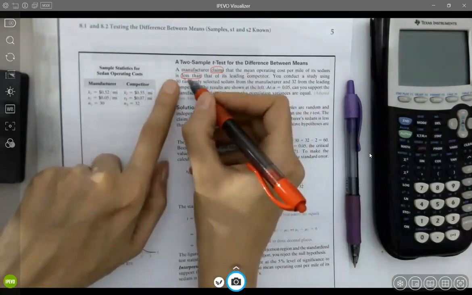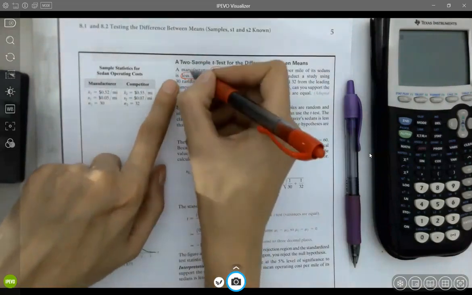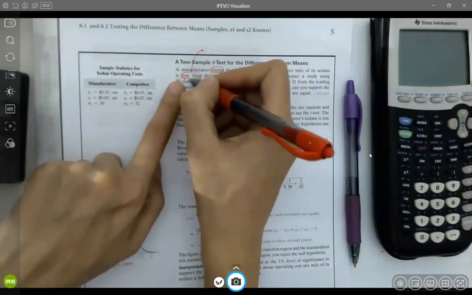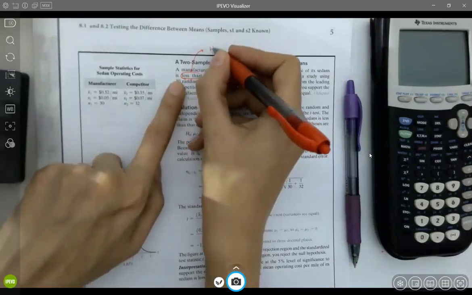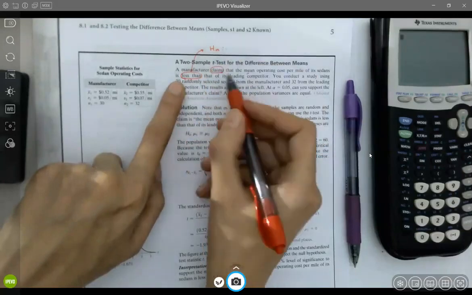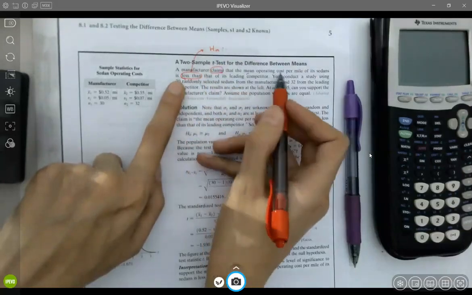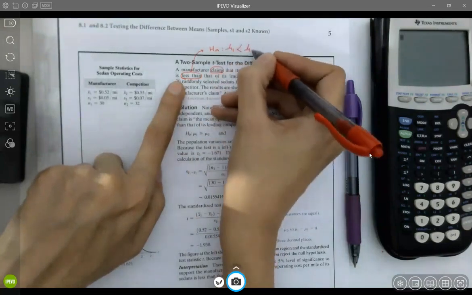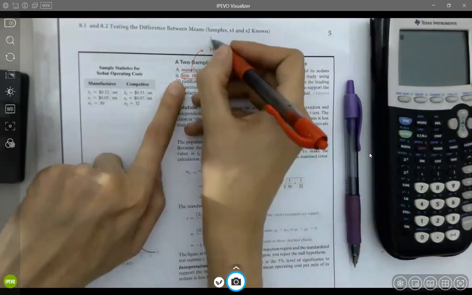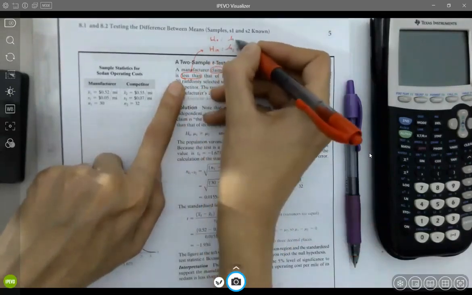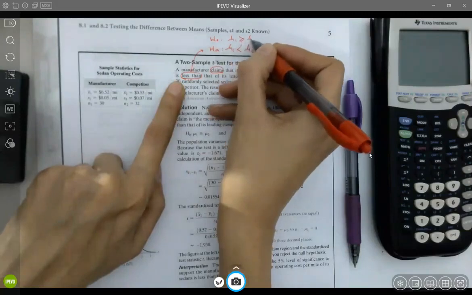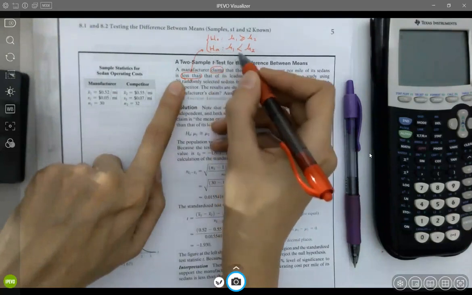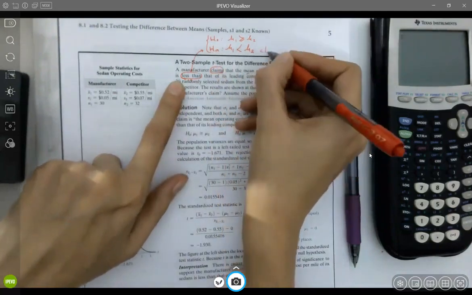Less than means that we can quickly form our null and alternative hypotheses. Less than doesn't have any equality next to it, so the alternative hypothesis is given: the mean cost mu1 is less than mu2. Your null hypothesis says mu1 is greater than or equal to mu2, and note that the alternative hypothesis in this special case is your claim.